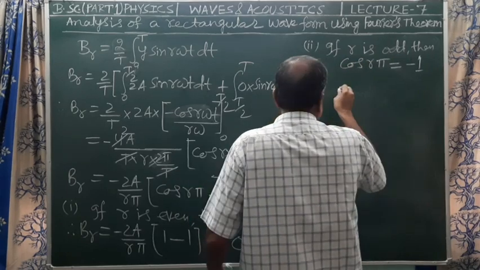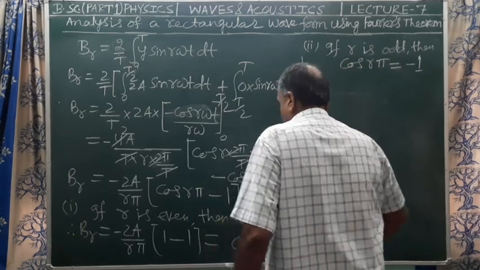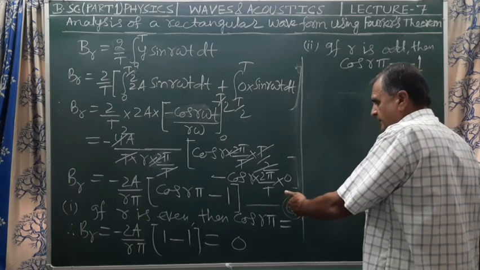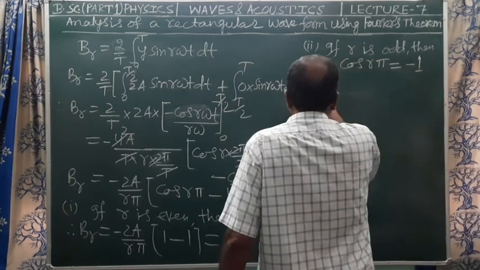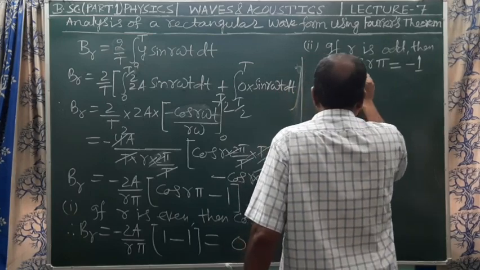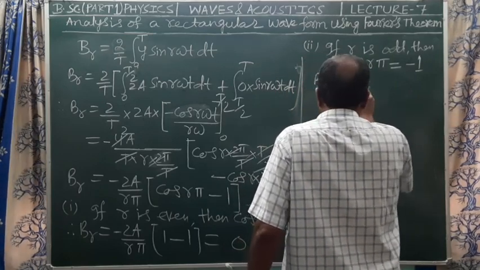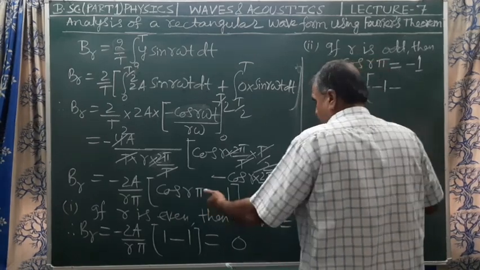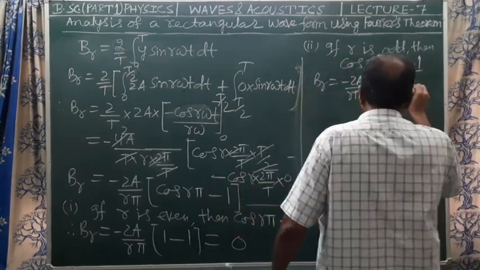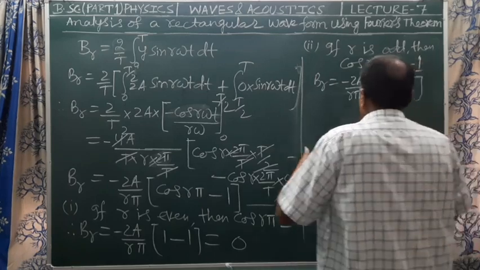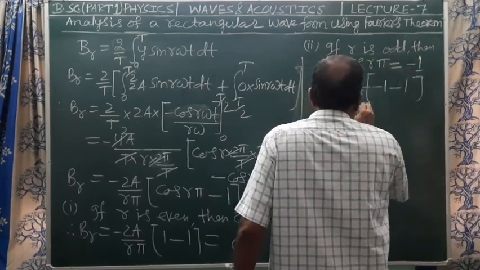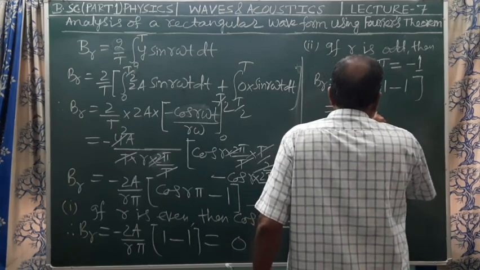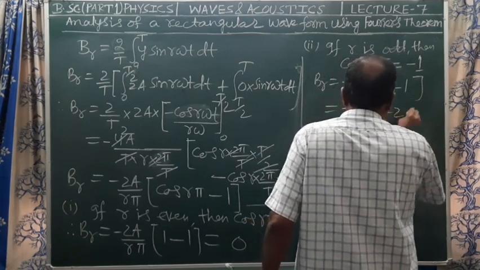Therefore, equation 6, that is the expression for Br for the rectangular waveform, is given in equation 6. So Br equals -2a upon r pi under bracket cos r pi is -1, and there is -1 in the second term. The second term is -1. So we have Br equals -2a upon r pi multiplied by -1 minus 1, that is -2.